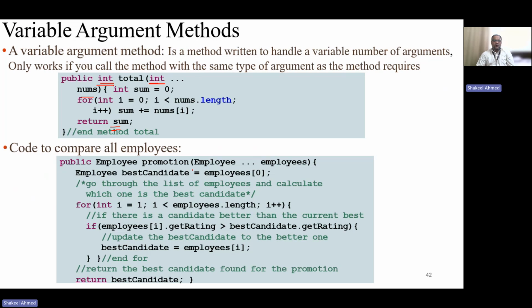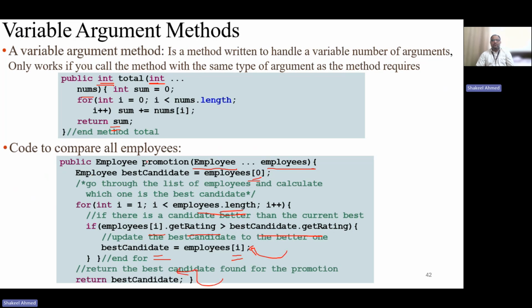Similarly, if you want to use it for employees also, in an employee organization you may have many employees, so you don't know the length of the employees. For the first candidate, you take starting from employee of 0 up to employee dot length, whatever the array length is, and you check every employee with the ratings. Whoever is the best candidate, you make that the best candidate, and it will return the best candidate from the array.